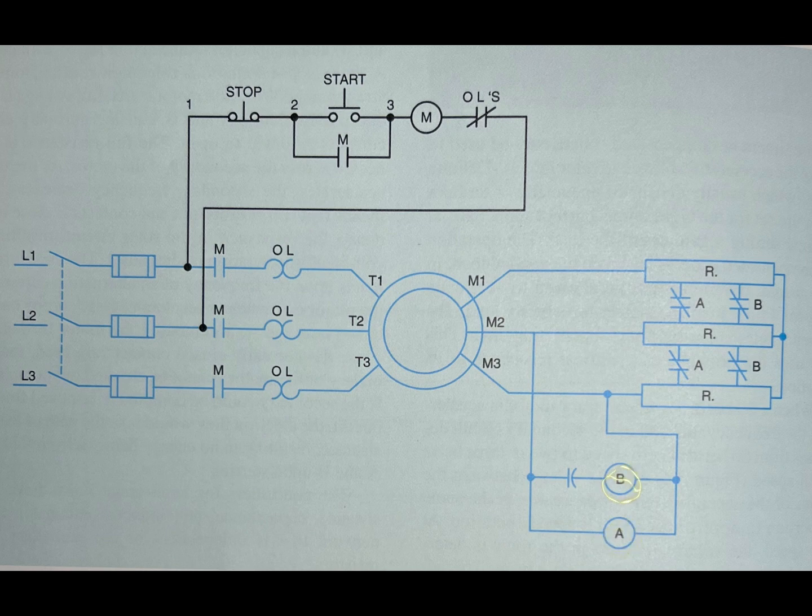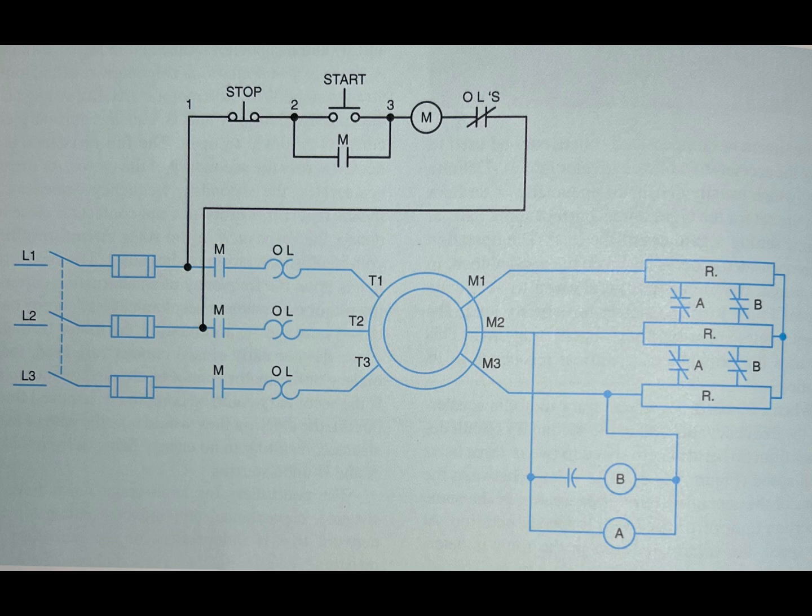As the motor accelerates, the secondary frequency decreases. This means that coil B drops out and contacts B close to decrease the resistance in the rotor circuit, resulting in continued acceleration of the motor. The capacitor depends upon the frequency of the alternating current.